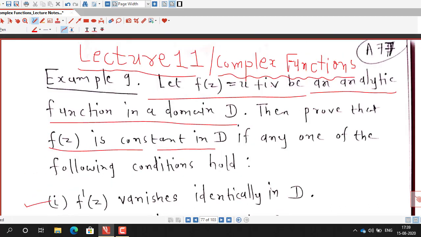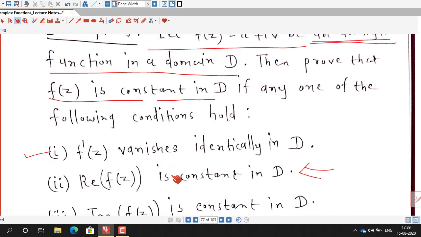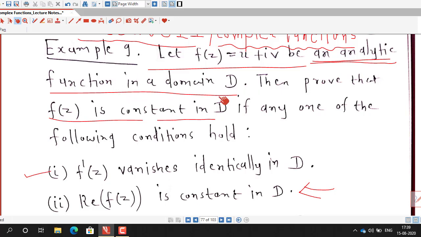Similarly, suppose f of z is analytic in a domain D and this condition is satisfied, real part of f of z is constant in D, then also f of z becomes constant in a domain D. So with all these four conditions, this analytic condition is common.